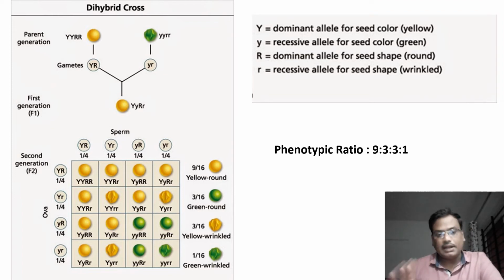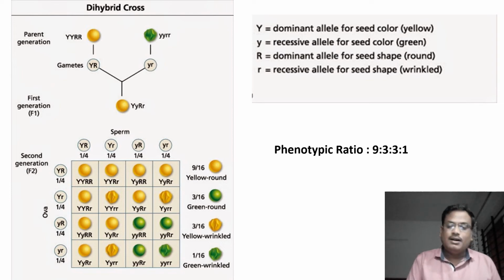So what I am trying to tell you is, if you conduct the same experiment in another plant and if you get the same ratio, you must say that the character follows Mendelian pattern of inheritance, right? If you get the result different from this ratio, then you can say the characters represent deviations from the Mendelian pattern of inheritance. That's what I told you.